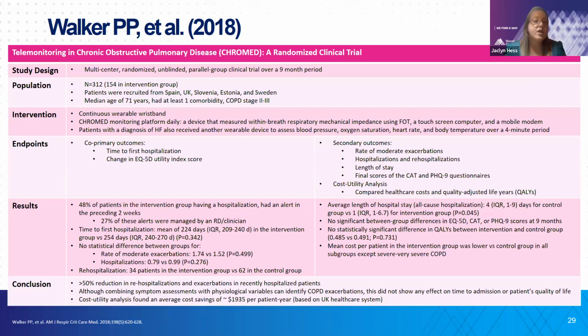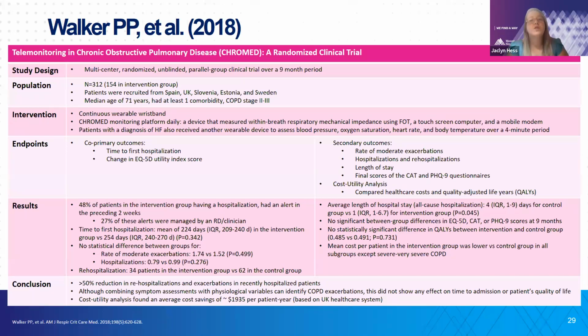Their secondary outcomes included the rate of moderate exacerbations, hospitalizations and rehospitalizations, length of stay, and final score of the CAT and PHQ-9 questionnaire. They also performed a cost utility analysis to compare healthcare costs and quality adjusted life years.